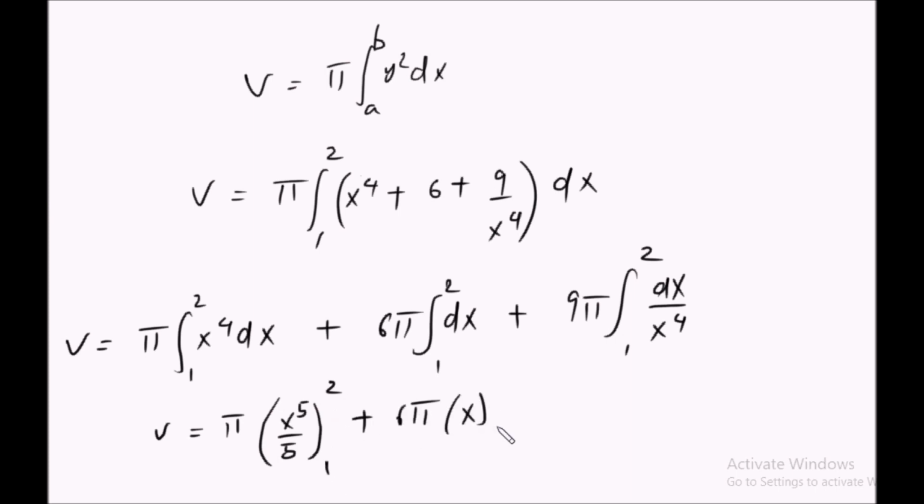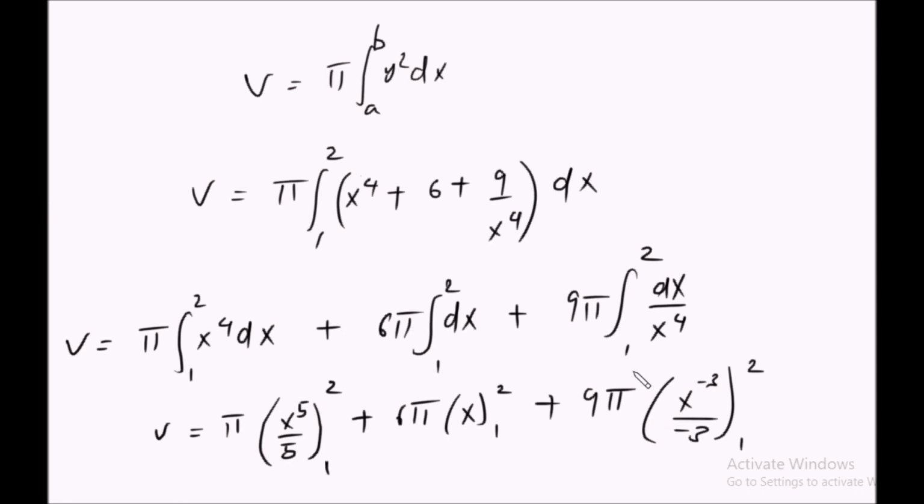Hapa tutapata x jumlisha 9 pi. So x power -4, -4 plus 1 is -3. Hapa tutapata x -3 over -3. Hii 5 ni constant, itoe nje. Hii -3 pia ni constant, itoe nje.